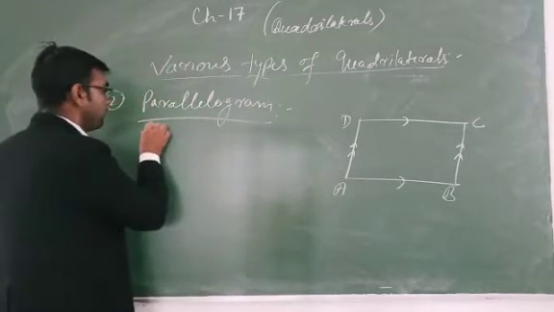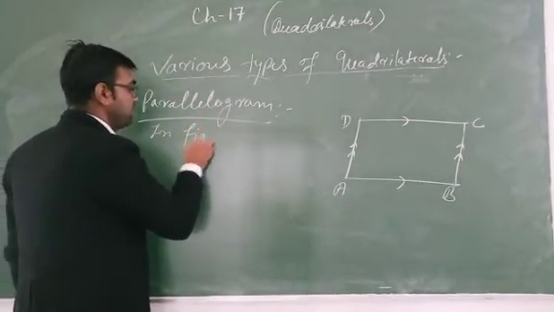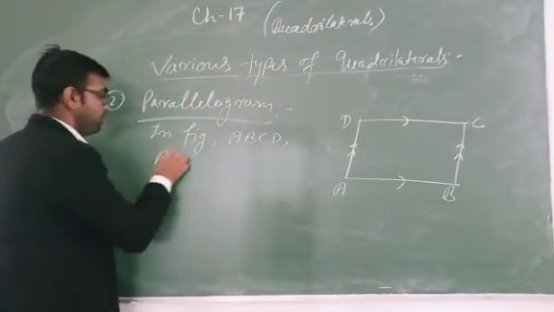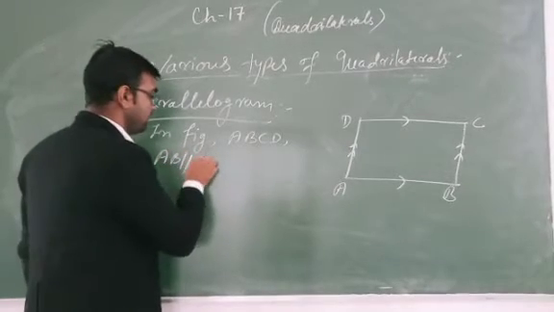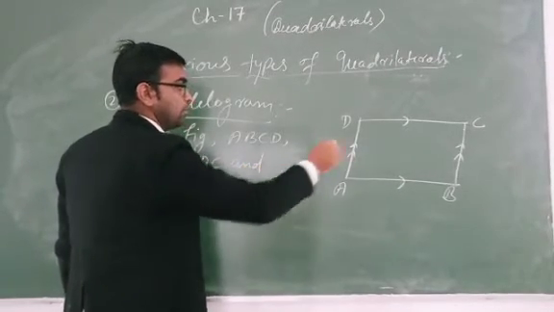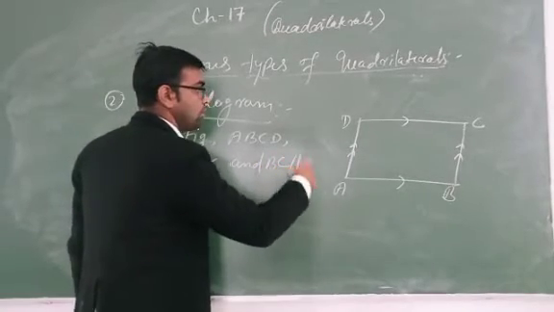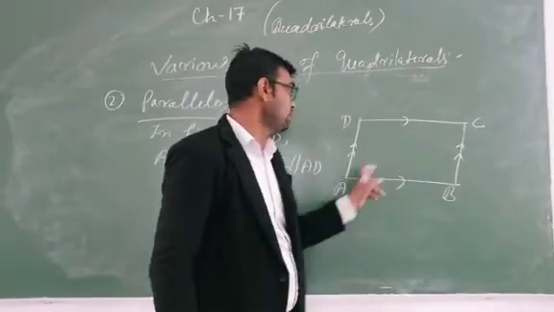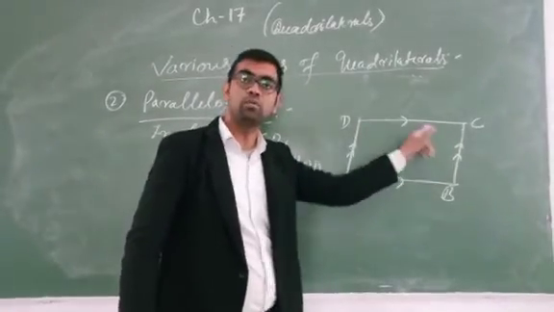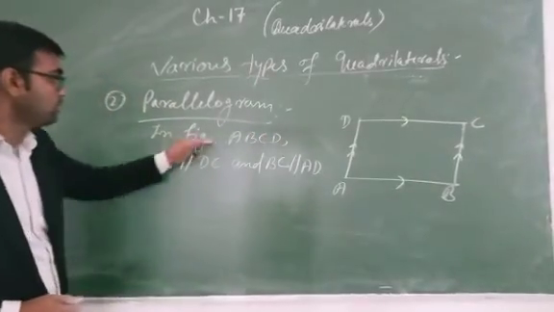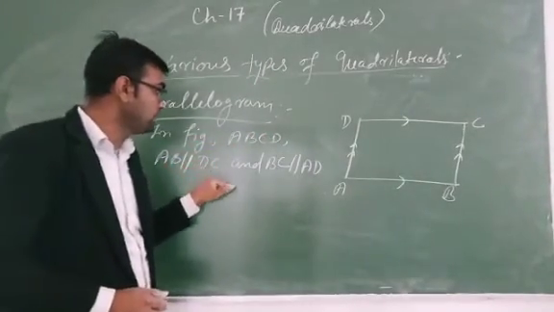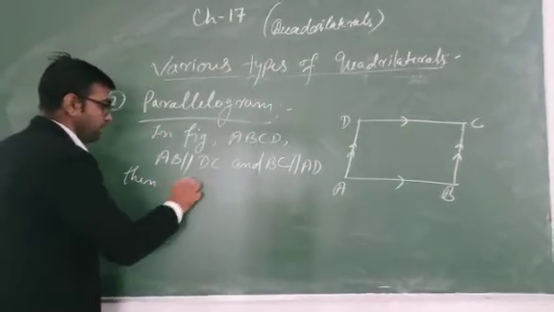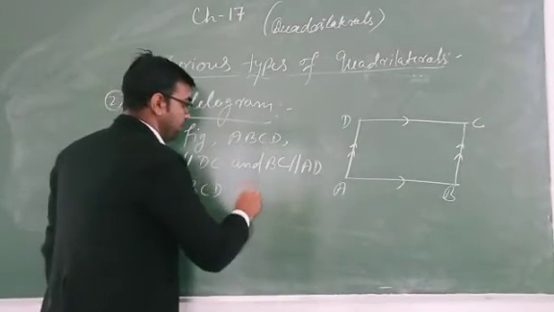Understand? So in this figure you can write the definition: in figure ABCD, AB is parallel to DC and BC is parallel to AD. So ABCD will be a parallelogram.